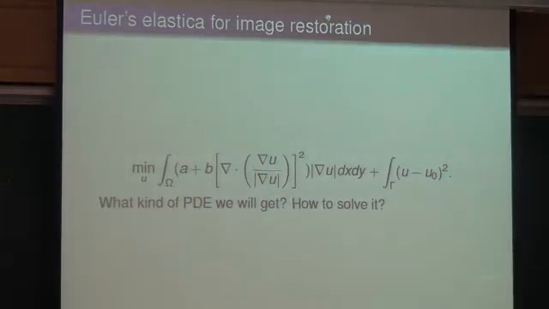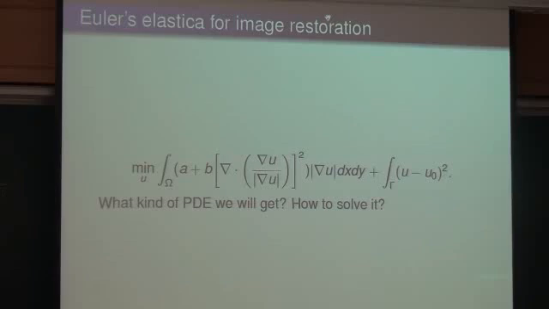I think introducing Elasticas for image processing can be traced back to a very old paper by Mumford with two collaborators. Later, the French people, what was the name, Masnou? They used Elasticas for inpainting.